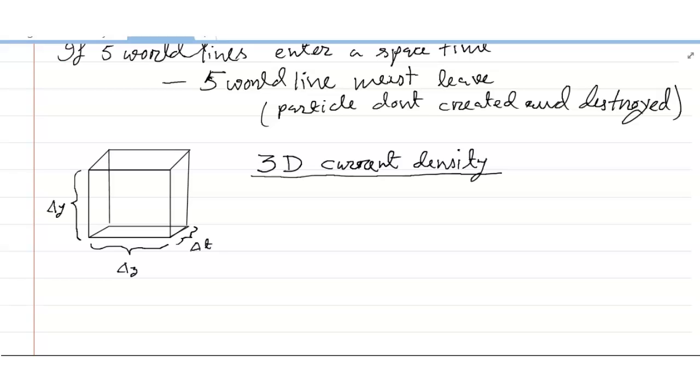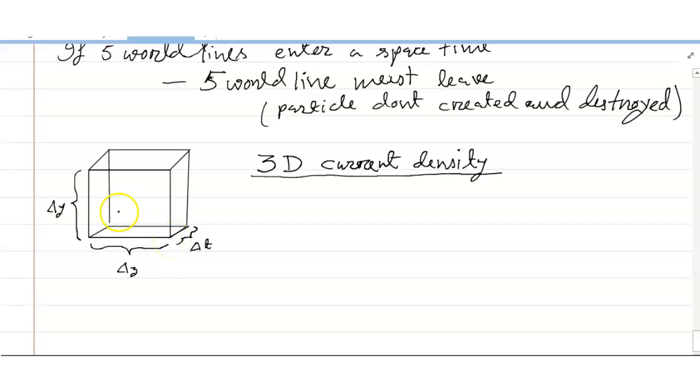So friends, you see that this is a cube. The height of this cube is del y, the length is del z, and del t is the time dimension. So friends, this is the 4th dimension.